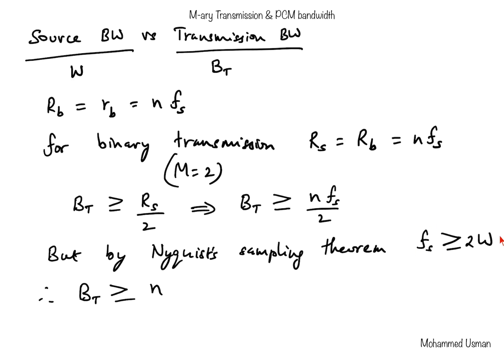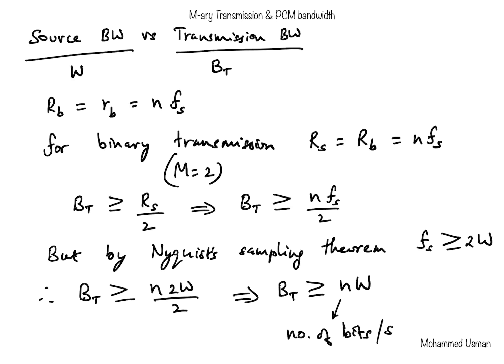Even if we consider the minimum value for Fs, which is 2W, N times 2W by 2 implies that the transmission bandwidth for the binary case should be at least N times the signal bandwidth, and the N here represents the number of bits per sample, and this number of bits per sample comes from the quantization stage.